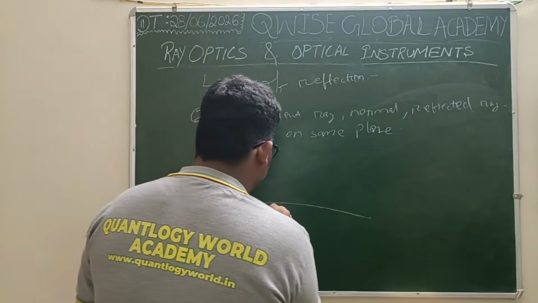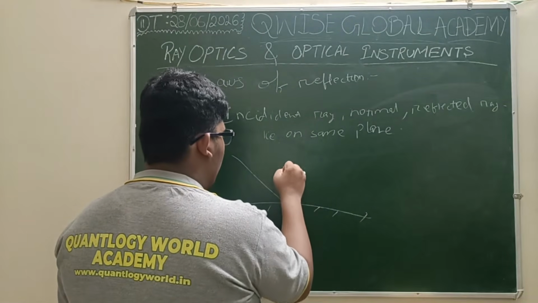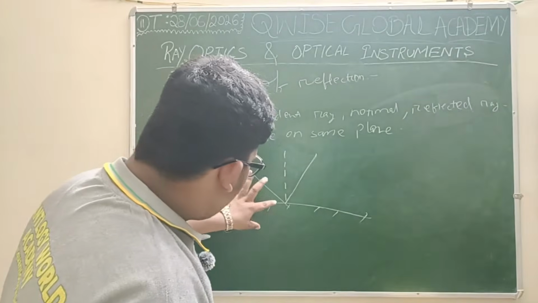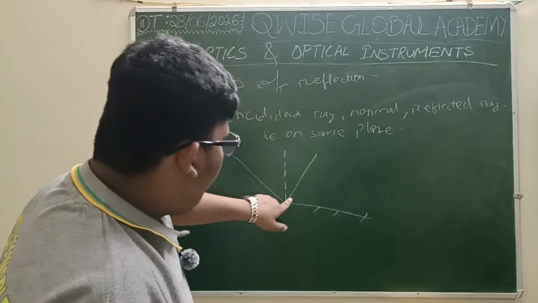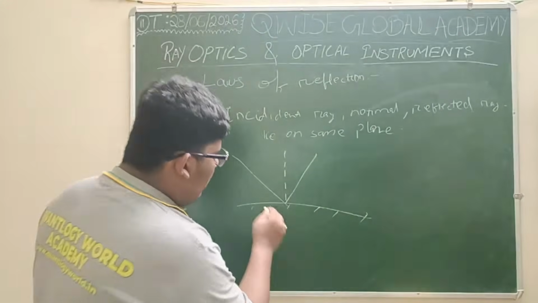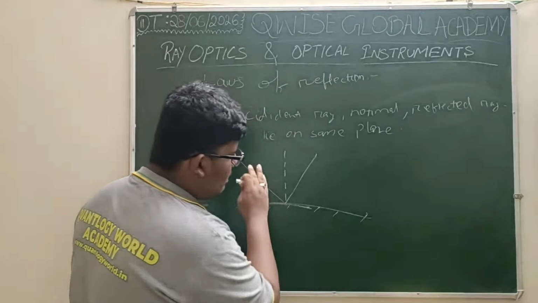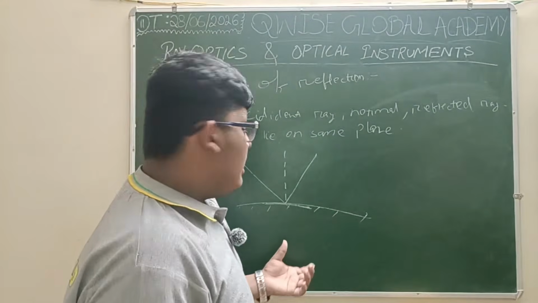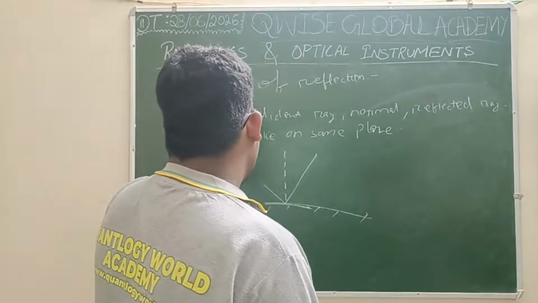This is the reflecting surface. Incident ray, normal, reflected ray. This is the incident ray and this is the point of incidence. Incident ray, normal and reflected ray all lie in the same plane. On this single plane, these three lines lie. So this is the second law of reflection, that is incident ray, reflected ray and normal at the point of incidence lie on the same plane.